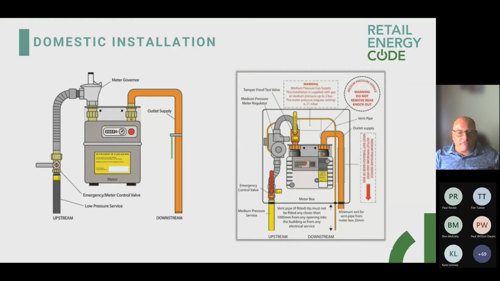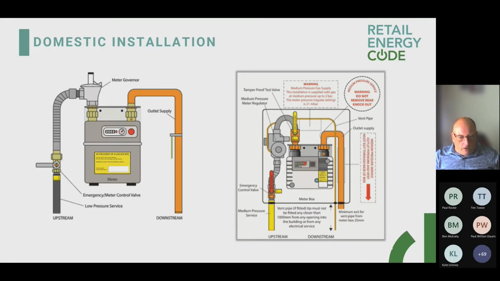The meter, the one that's shown there, is an old U6 type. There are all sorts of different versions now. The electronic ones are a lot smaller, so they're E6 or U6. So the letter, in effect, if you think of it, a U6 means ultrasonic, so it actually doesn't measure the volume of gas. It's the sound of the gas going through the pipework. That's how those are measured.